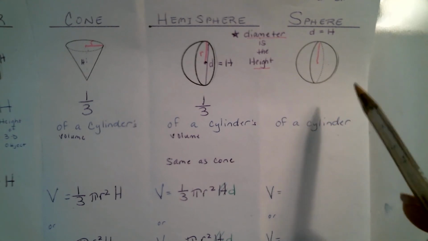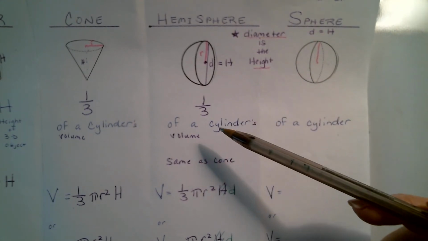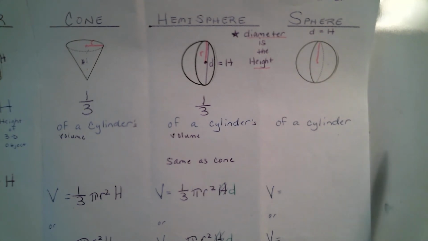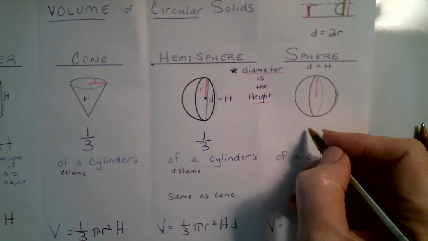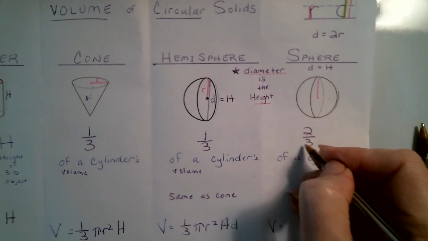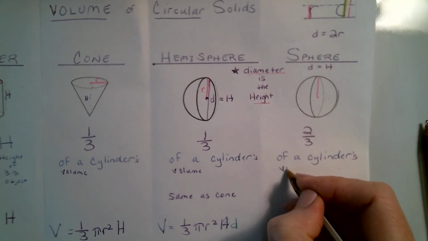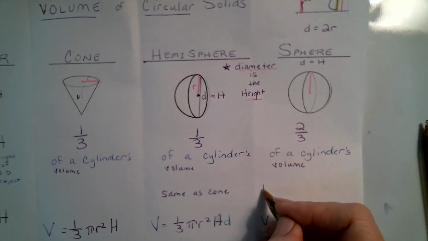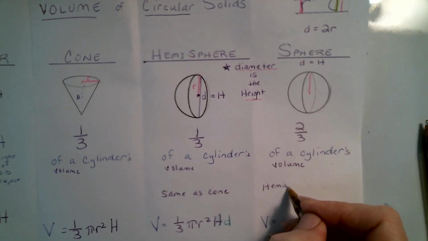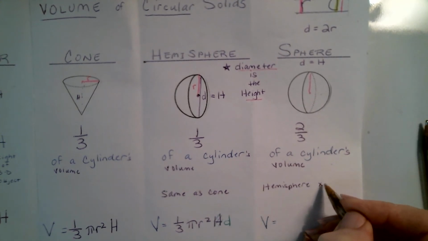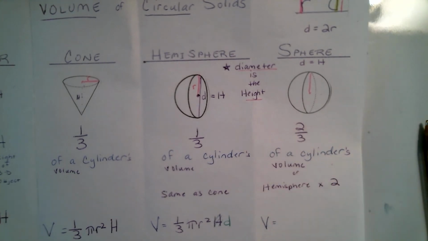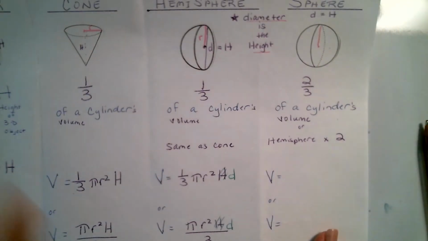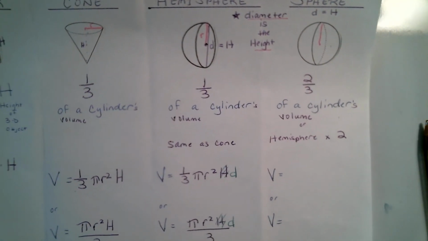And then we saw, just kind of common sense, that if a hemisphere is a third, it would be double that for a sphere, right? So 2/3 would be our relationship here, that the sphere is 2/3 of a cylinder's volume. And I'm going to say in here, or a hemisphere times 2. So really, one formula for all of these, multiply it by 1/3 or multiply it by 2/3.